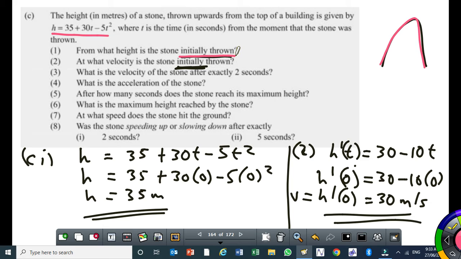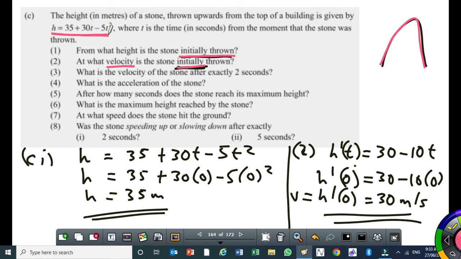Then number 2 says, at what velocity is the stone initially thrown? Once you have got initially, it means t is 0. But since we want to calculate velocity, we have to find the derivative of this function. The derivative of that height function is velocity.